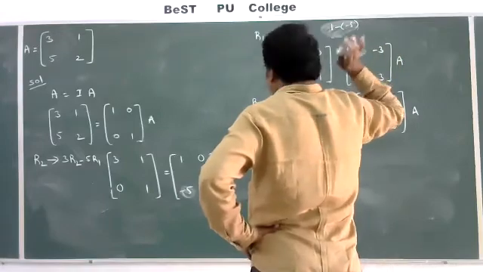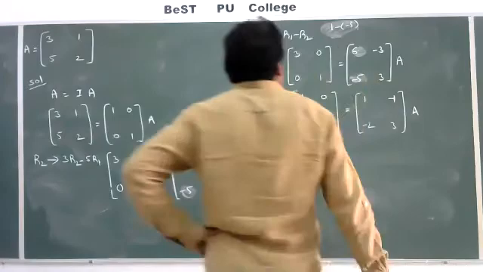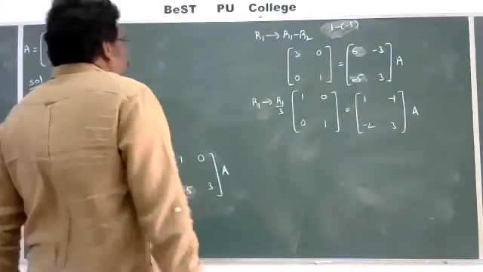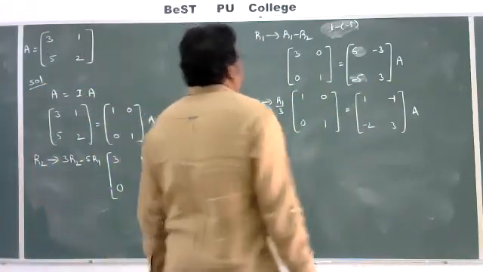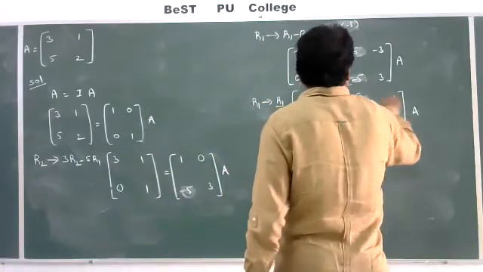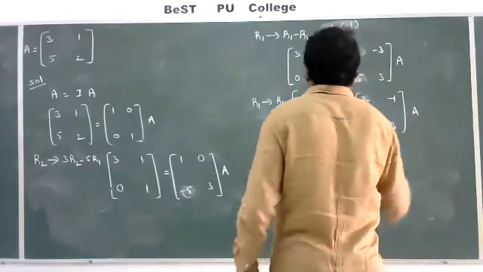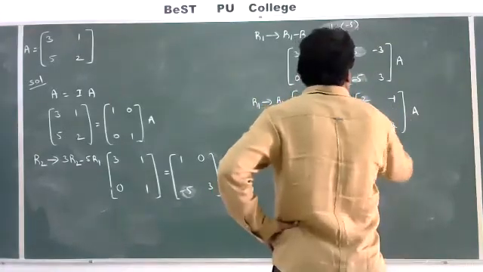That is minus 3, minus 5, and 3. So R1 by 3, 2 here, 6 by 3, 2, minus 3 by 3, minus 1. This is minus 5 and 3.